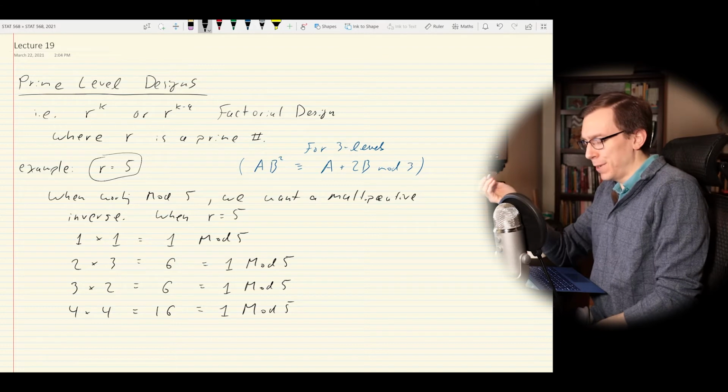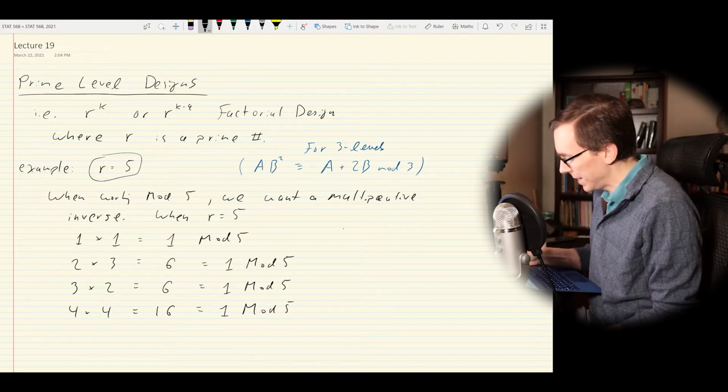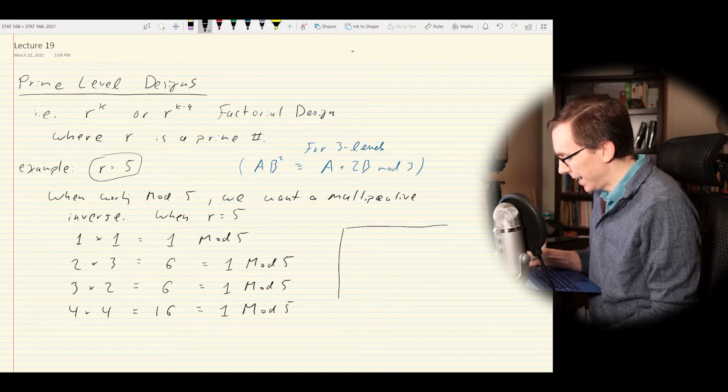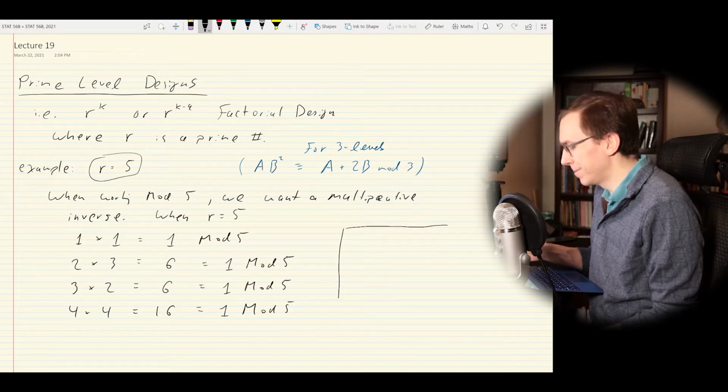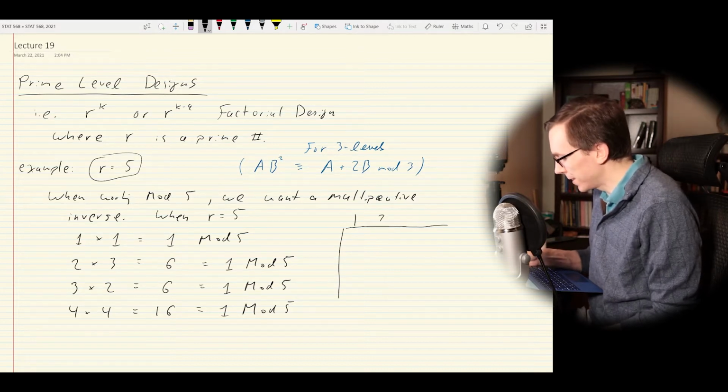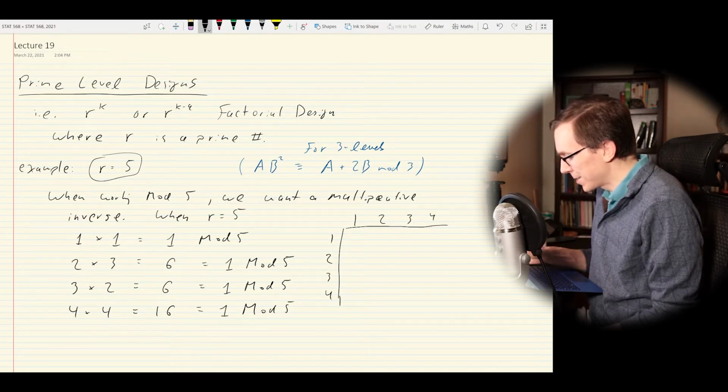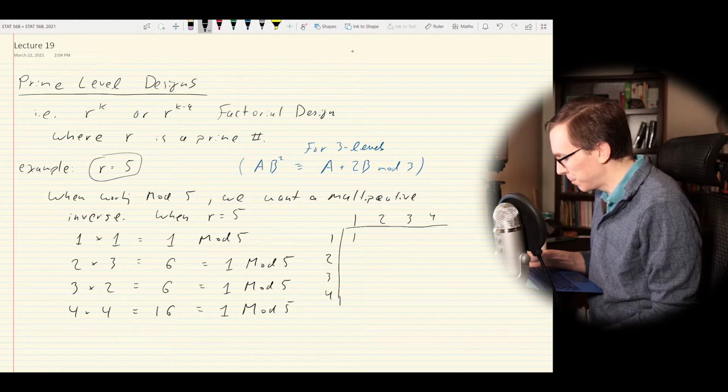Hence, if we look at our multiplication table mod 5, I'm not going to include 0 because that's pointless. We have 1, 2, 3, 4 across and 1, 2, 3, 4 down. If we do our multiplication table mod 5, we'd have 1, 2, 3, 4, then 2, 3, 4.